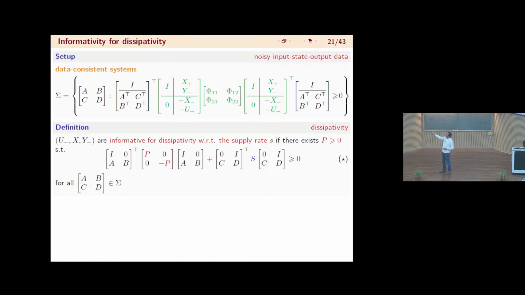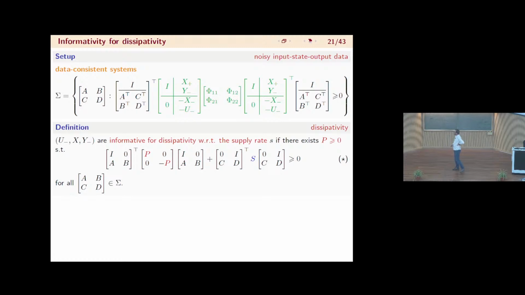So I define the data to be informative for dissipativity with respect to a given supply rate if there exists a semi-definite P such that this star inequality is satisfied for all A, B, C, D in sigma.